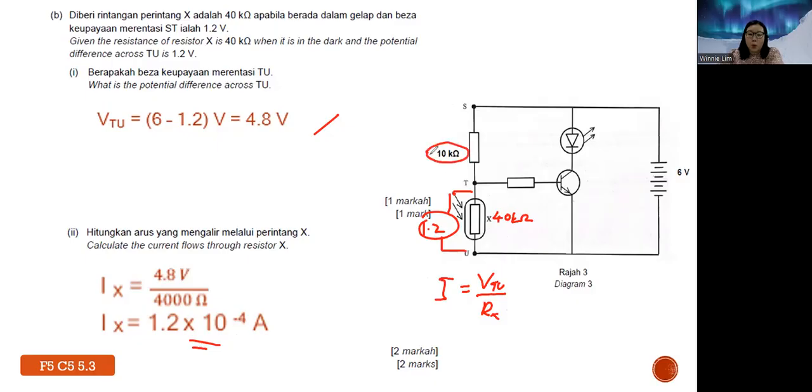Even if you want to use 10 kilo ohm with the voltage you calculated just now, 4.8, sorry, 4.8, for 40 kilo ohm.